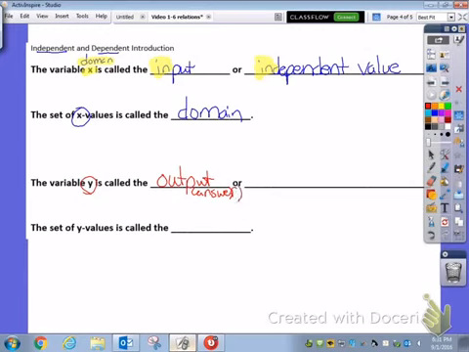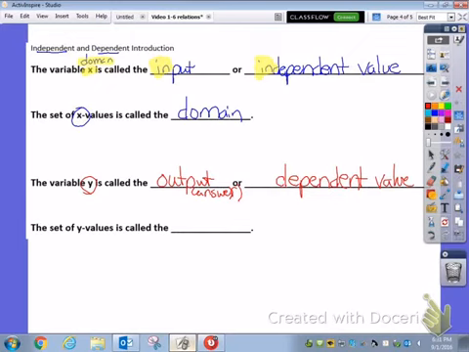And then, instead of the independent, it is the dependent. It relies on the other one. Like when you go to the store and you go to check out, well, the money that you give the cashier depends on how many groceries you bought. So the cost depends on how many groceries you bought.